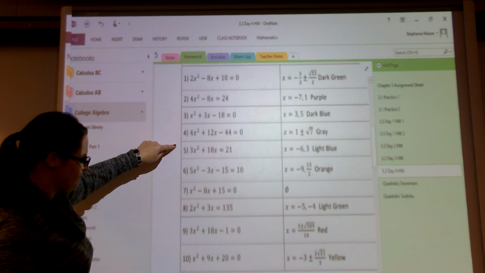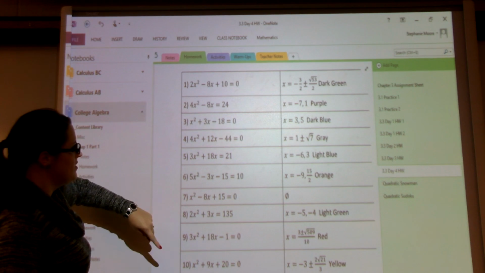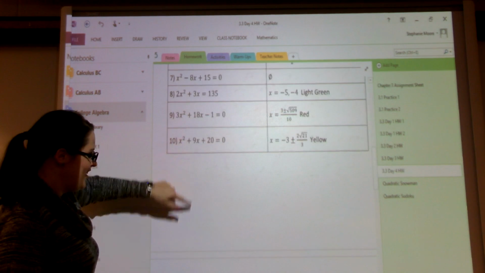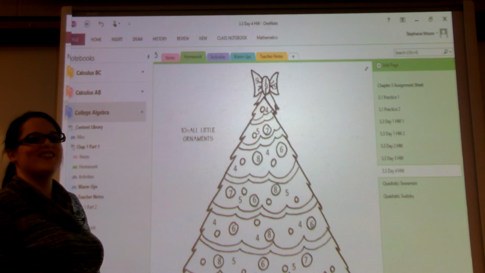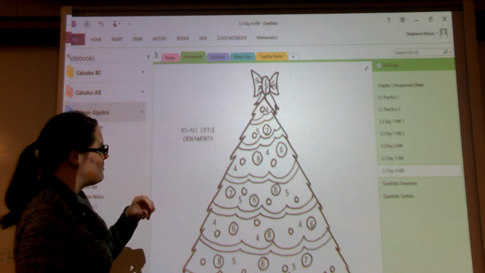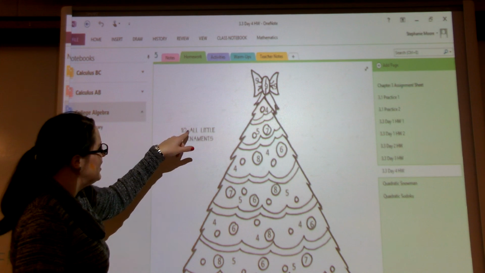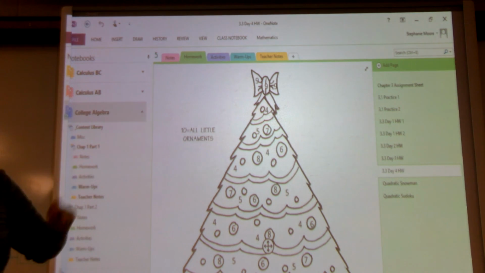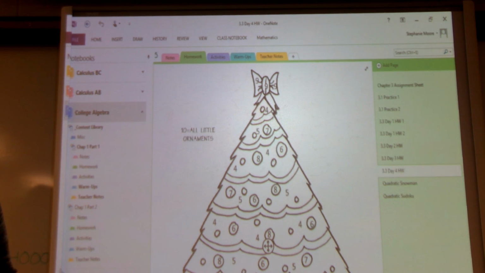Find the answers, and it tells you what to color. And you've got your Christmas tree. Color your nice, pretty Christmas trees, the background, and all the little ornaments. These little ones, those are number 10. So you've got your pretty Christmas tree to color. Okay? Questions?